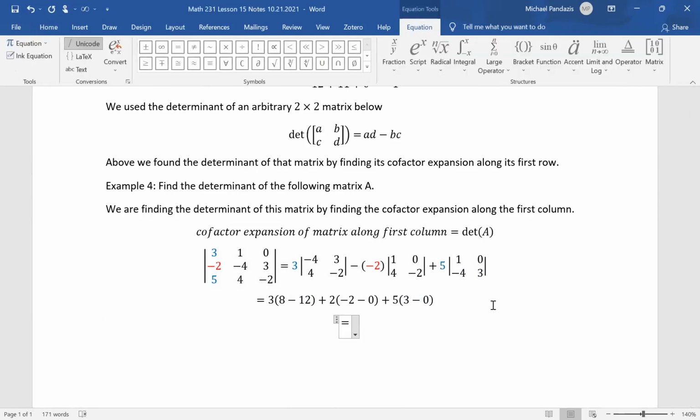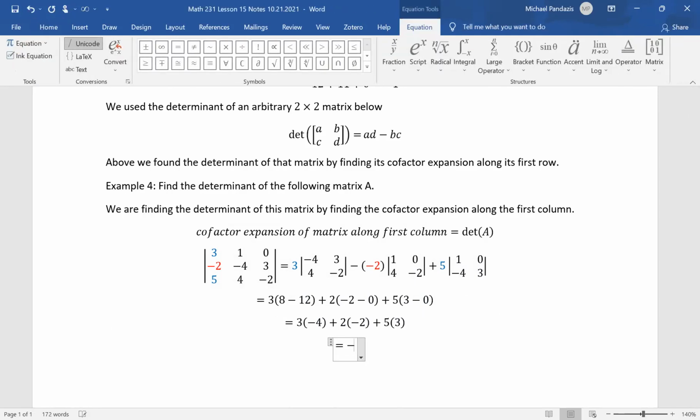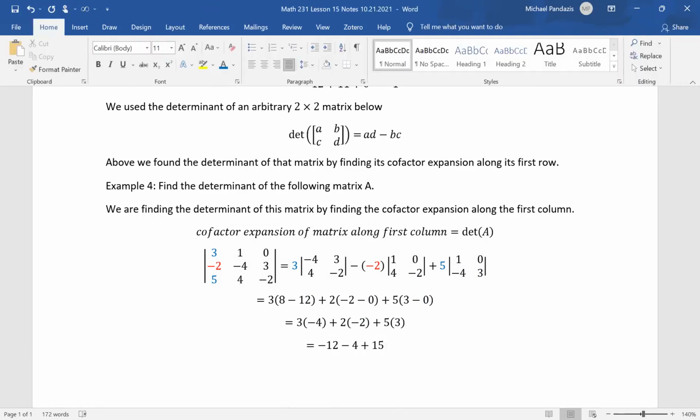So this equals 3 times -4, plus 2 times -2, plus 5 times 3. That is -12 minus 4 plus 15.